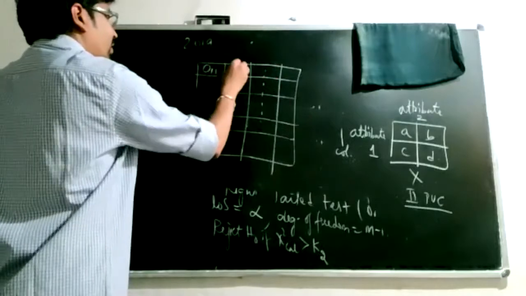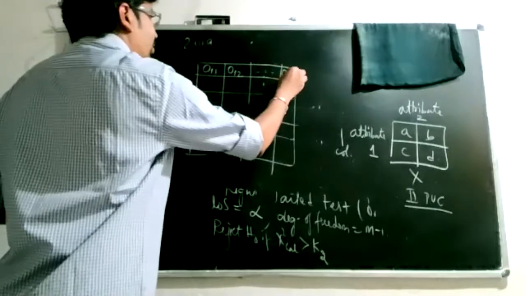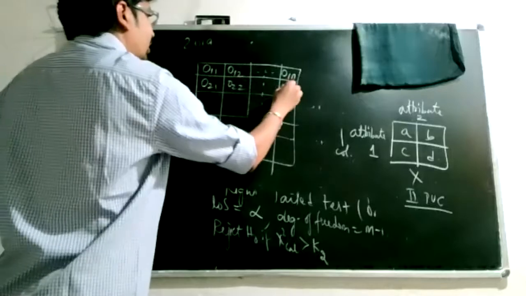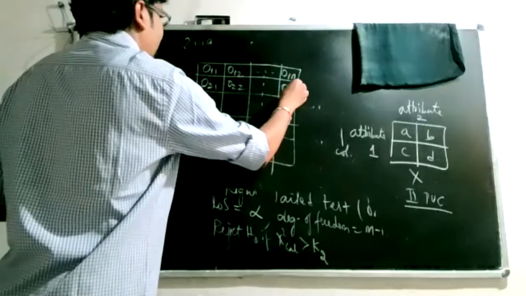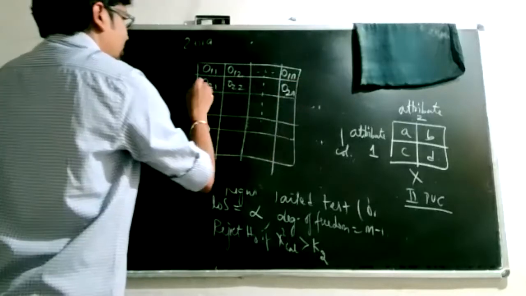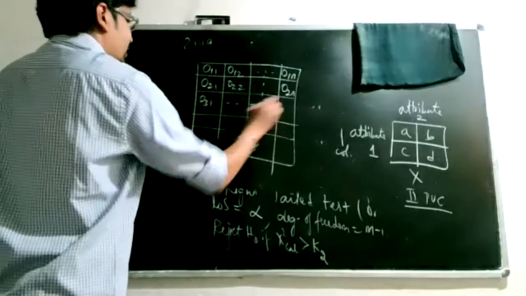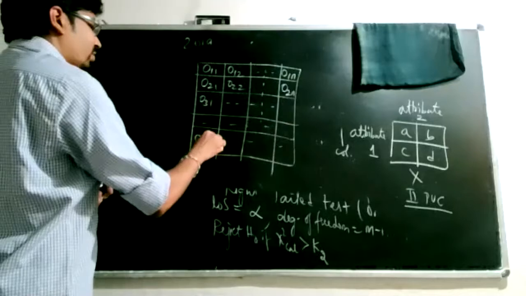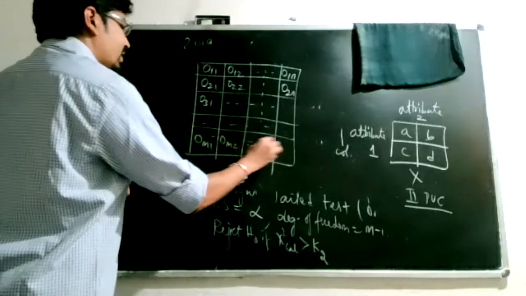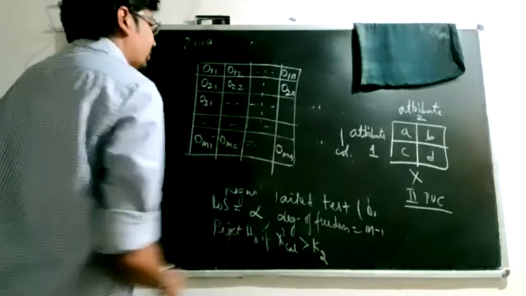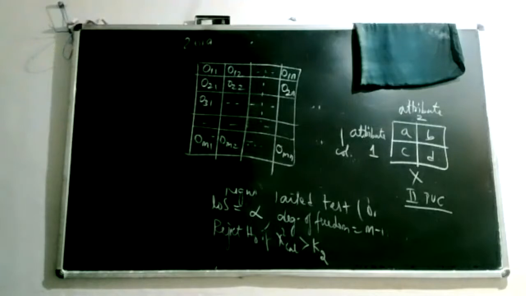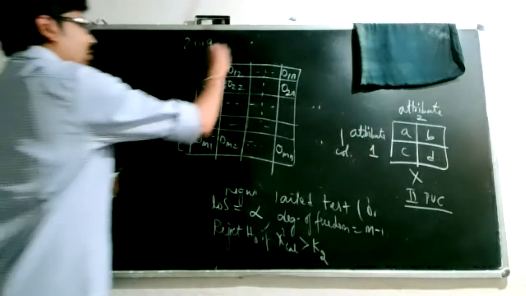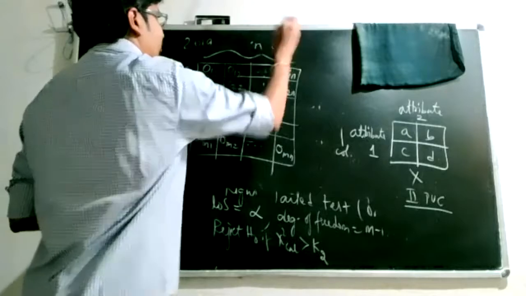I'll have O11, O12, etc., O21, O22, etc., and O31, etc. So this is how the frequencies will be. So in general, I'll have m rows, O_m1, O_m2, etc., O_mn. These are our observed frequencies, m rows and n columns.